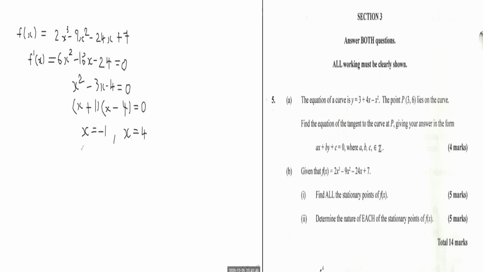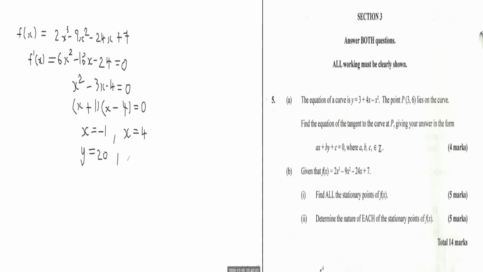All right, and so we can find the y value when x is negative 1 by putting in negative 1 up here. So we get 2 times negative 1 cubed minus 9 times negative 1 squared minus 24 times negative 1 plus 7. And we're getting y is 20.